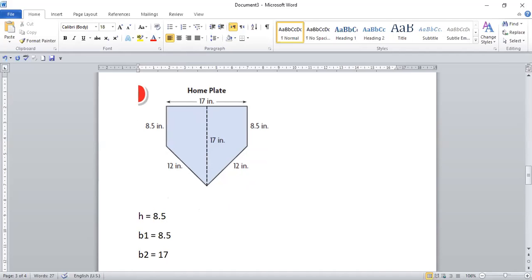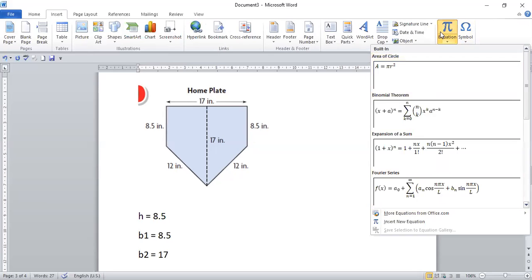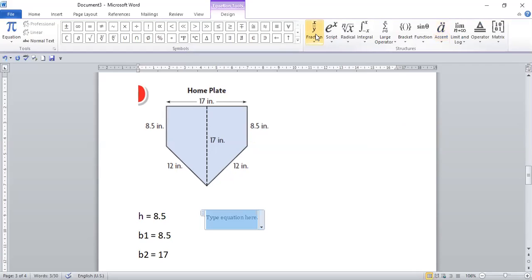So again, the formula is going to be the same, girls. I'm not going to keep repeating that. So the formula is half, right? I'm now tired of saying the formula, so let me write it down.